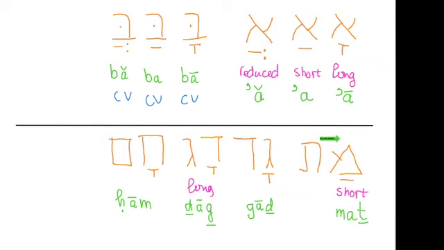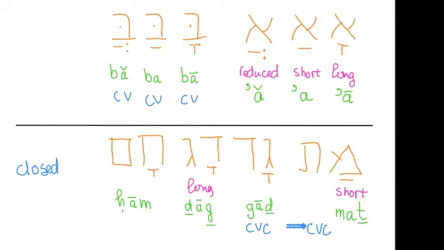This is CVC, because you have a consonant, a vowel, and a consonant. And the same here, CVC. This one is closed syllables, and these are open syllables.